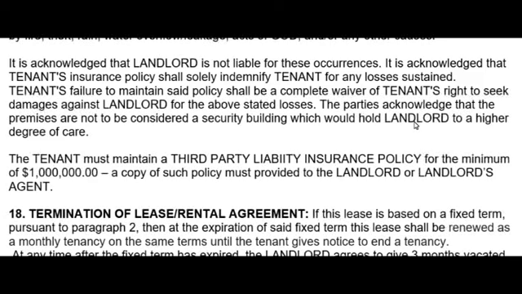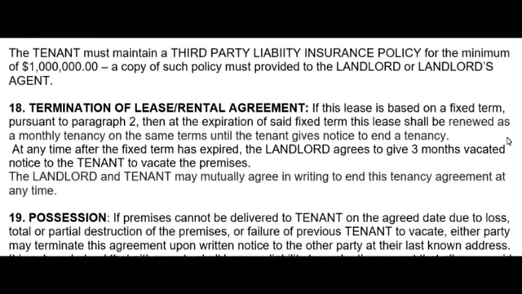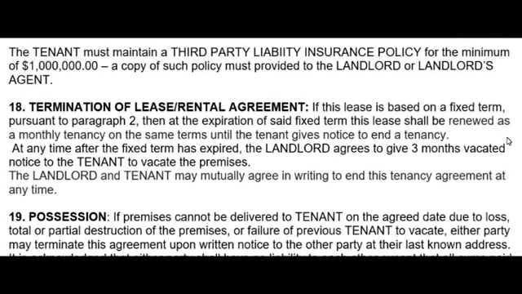Tenant's failure to maintain said policy shall be a complete waiver of tenant's right to seek damages against landlord for the above stated losses. The parties acknowledge that the premises are not to be considered a security building which would hold landlord to a higher degree of care. The tenant must maintain a third-party liability insurance policy for the minimum of $1 million. A copy of such policy must be provided to the landlord or landlord's agent.